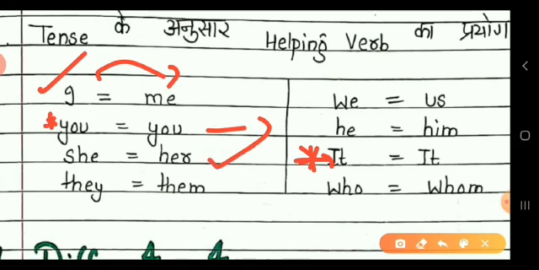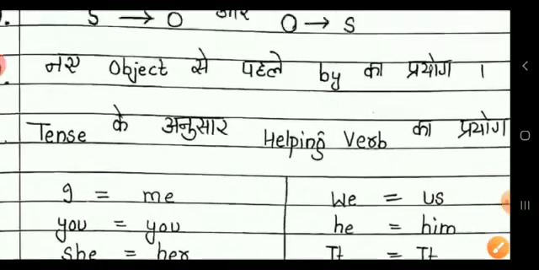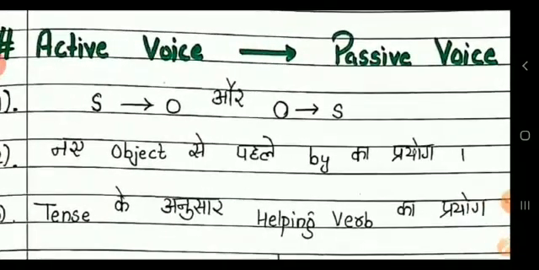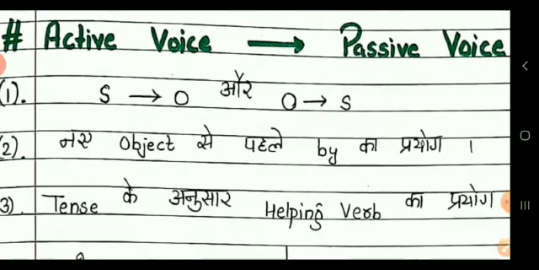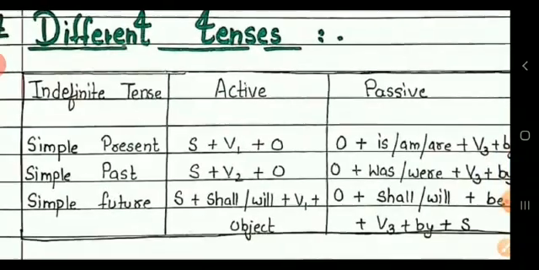She will convert into her, they will convert into them, we will convert into us, he will convert into him, who will convert into whom. As I told you in the three important things, we have to use "by" and we have to convert them accordingly.